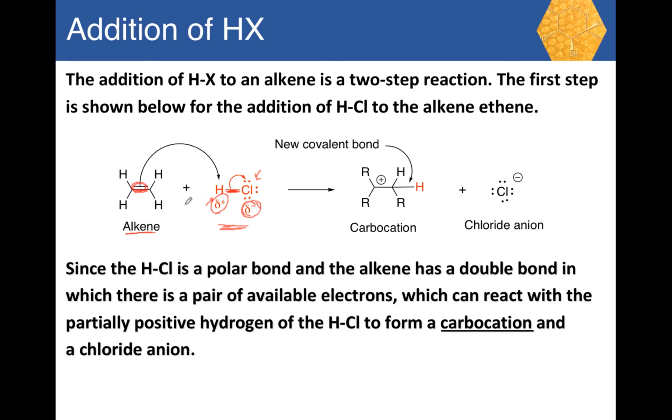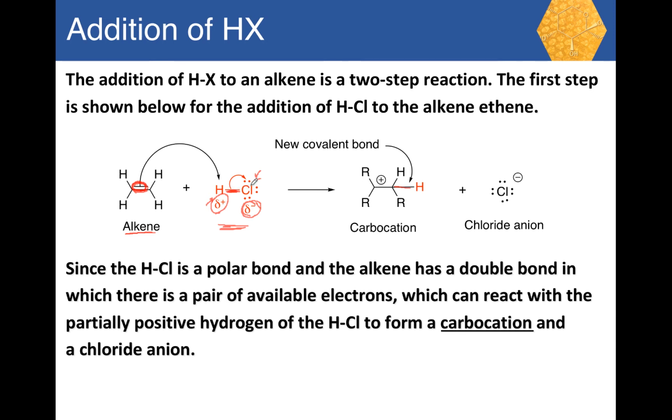Electrons are negative. So these two electrons, indicated by that line, we use an arrow. Notice the head of the arrow is here. So these electrons bond to this hydrogen, and these two electrons form this bond.